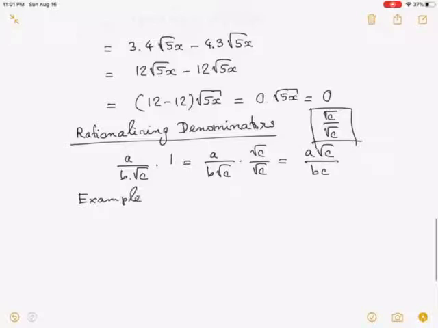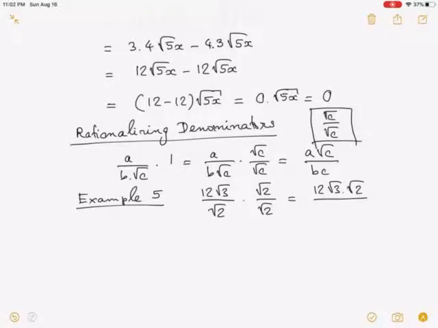So example 5. 12 square root of 3 divided by square root of 2. So the denominator has square root of 2, so we multiply with the quotient square root of 2 over square root of 2.